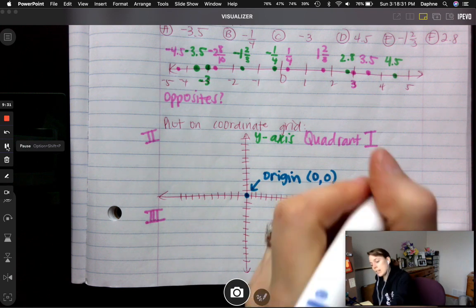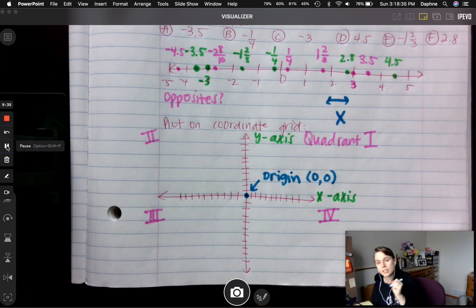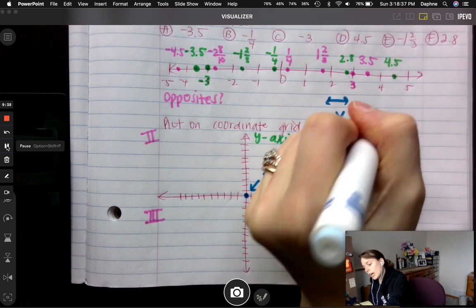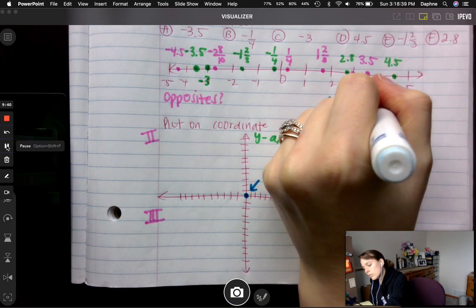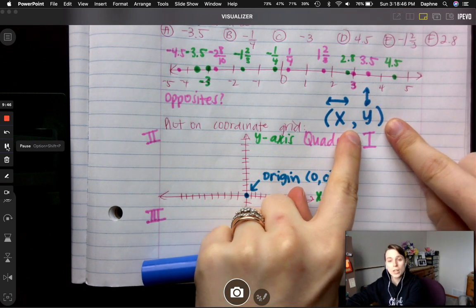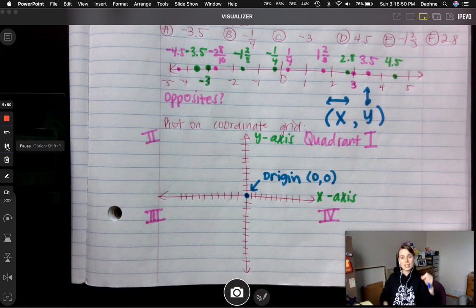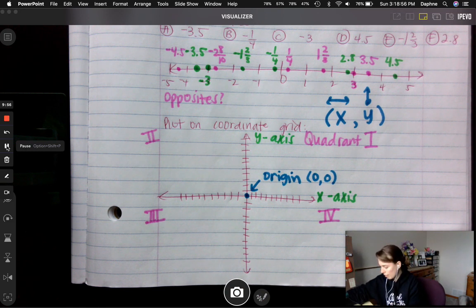It's telling me that my x going left to right is starting at 0, and my y going up and down is starting at 0. And the way I can tell that it's a location is because there's a comma in between the x and the y, and there are parentheses. So it's showing me how we write a coordinate, so we all know what we're talking about. We're making sure we communicate the exact same idea together.